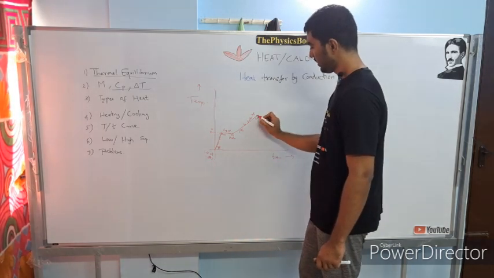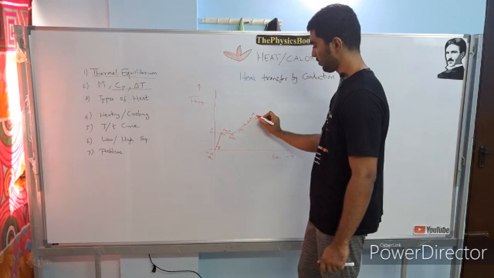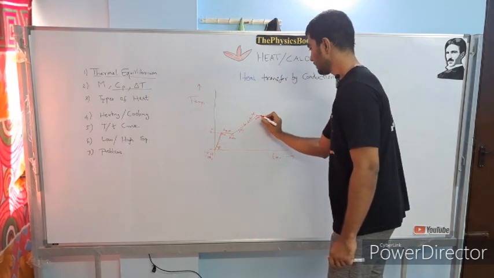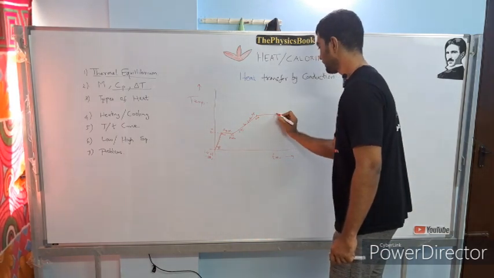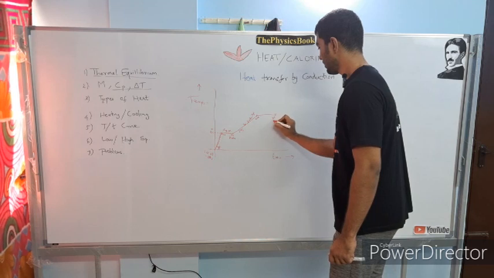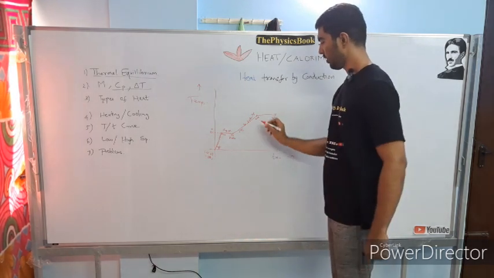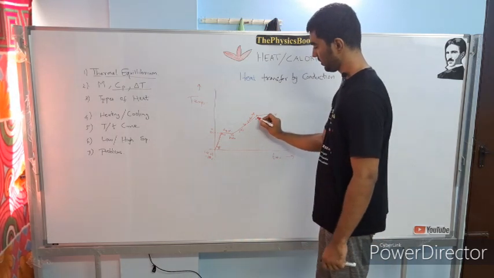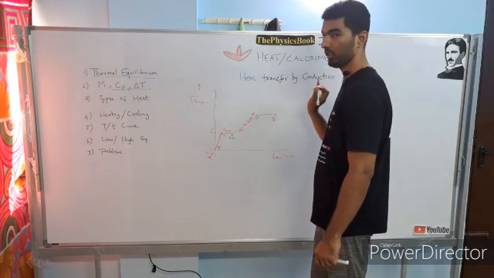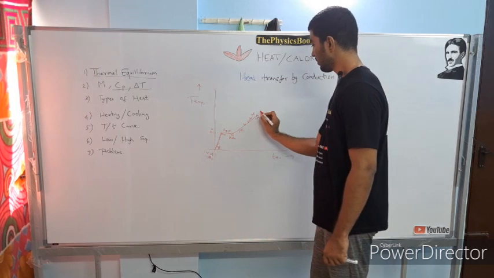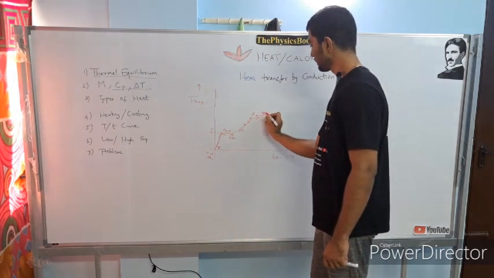As it reaches 100 degrees Celsius, again this is 100 degrees Celsius water, which is again like a flat line. This is 100 degrees Celsius steam. So again, now you should be able to say what process is happening between 100 degrees Celsius water getting converted into 100 degrees Celsius steam. This is called vaporization.